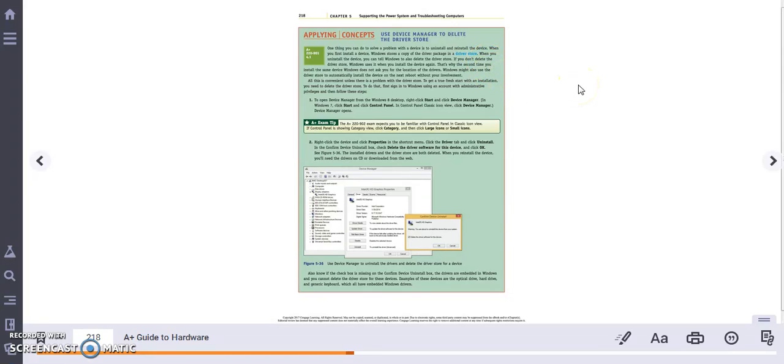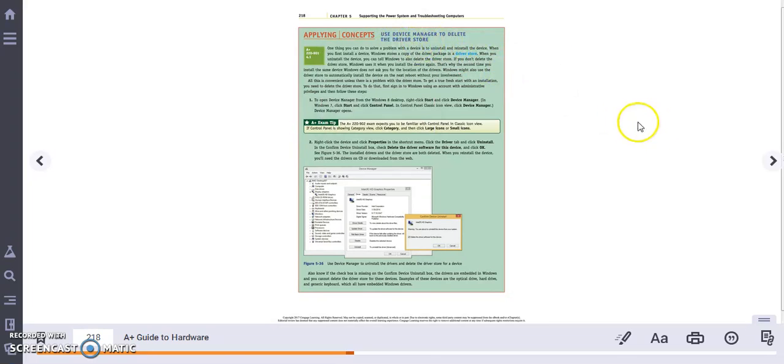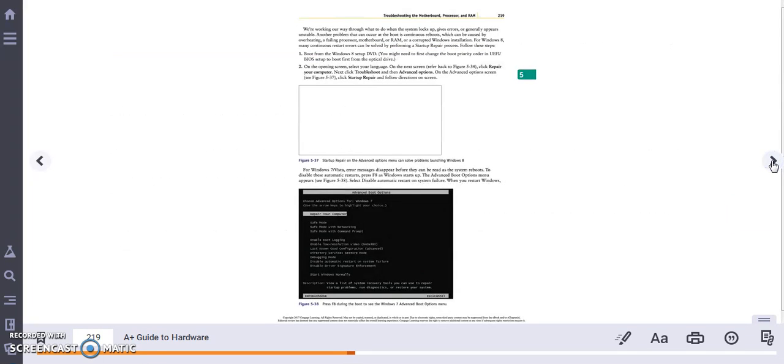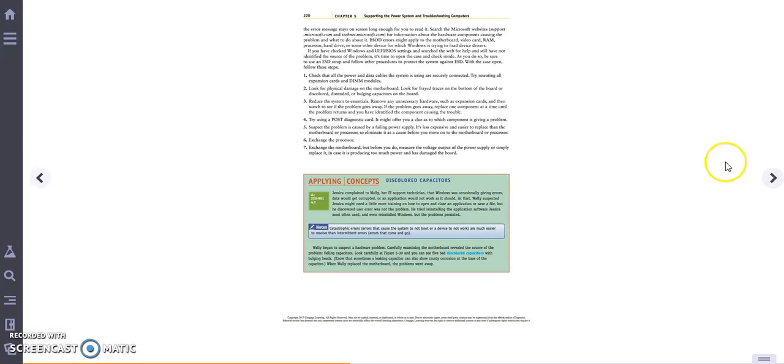Do this on a virtual machine or email me before you do this. This could be very dangerous and very destructive if you do that on your own machine, so please don't. Here this talks about discolored capacitors. That means that the capacitor is probably blown. It'll also smell really bad. Make sure you unplug it.